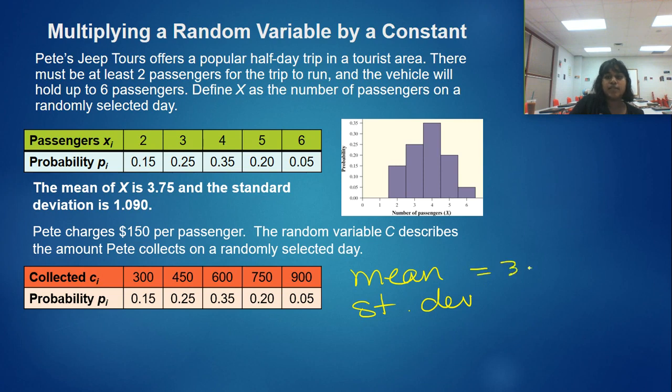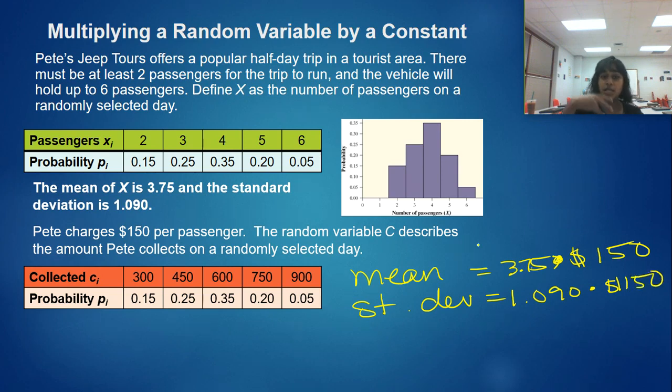If I very quickly do 3.75 times 150, and 1.090 times 150, I'll get some values. If you do that for yourself, pause the video and put that in your cell phone calculator. What is 3.75 times 150, and what is 1.090 times 150?